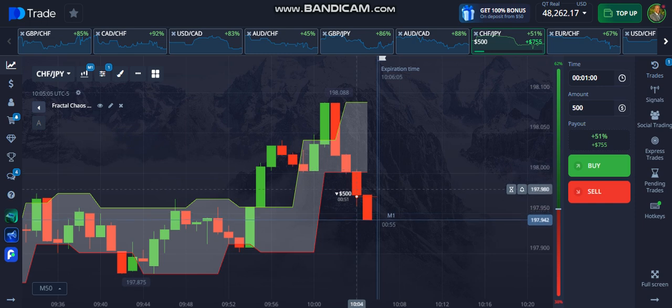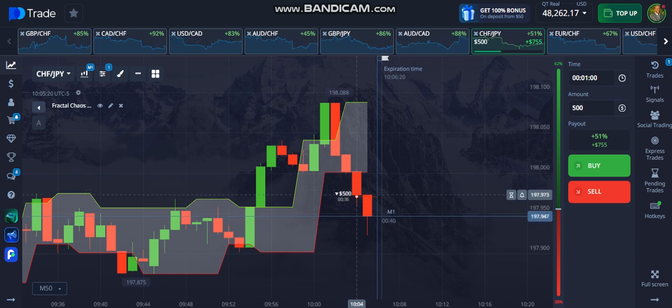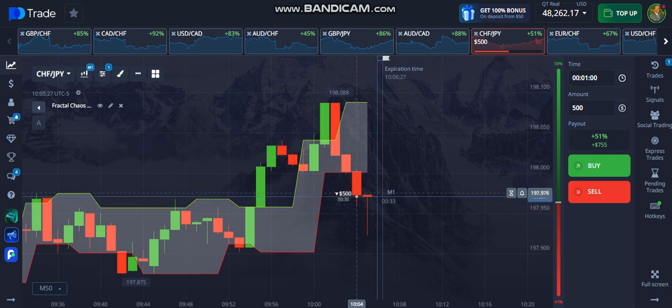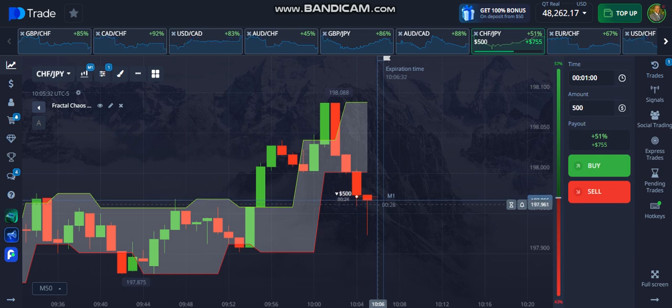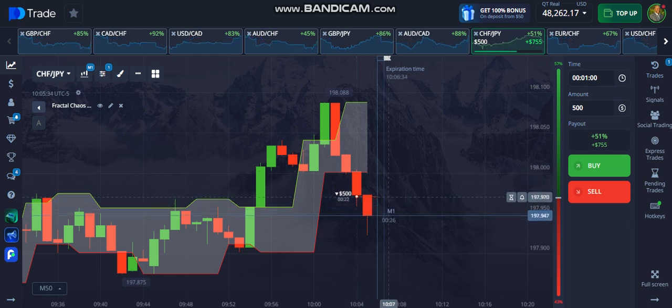I took a sell trade here, and I noticed the Fractal Chaos band line. The previous red candle here broke below the Fractal Chaos band, and the candle actually closed below the band line here, and that's the trigger suggesting that there's going to be a bearish breakout to the downside here.